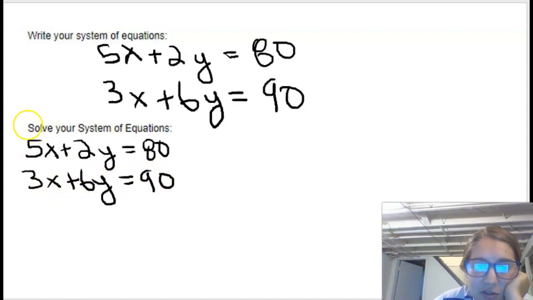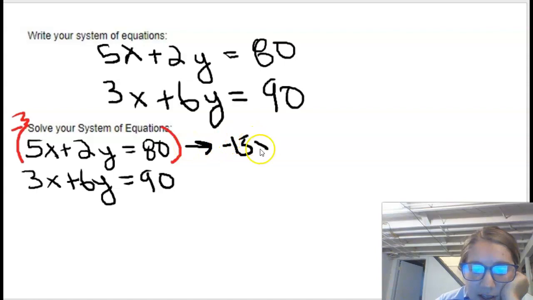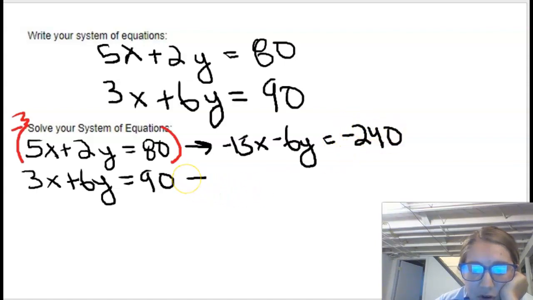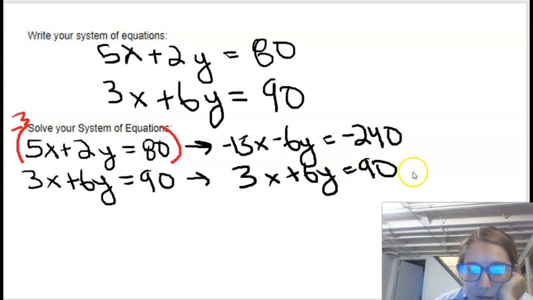So to do that, I'm going to multiply everything in this first one by a negative 3. And I'll end up with a negative 15x minus 6y equals negative 240. Then I see that my y's eliminate.